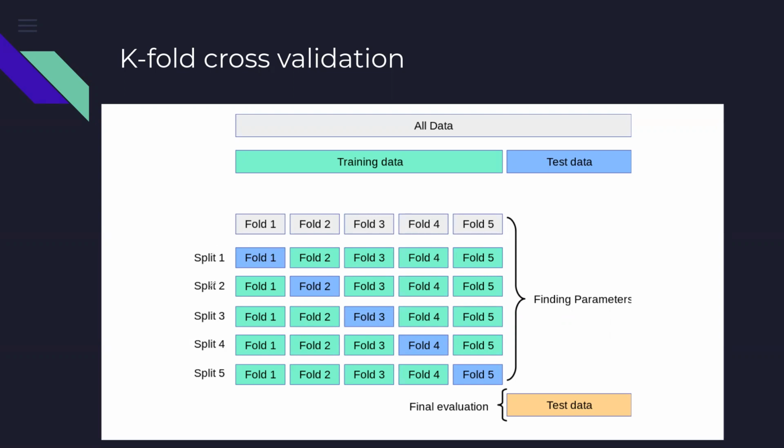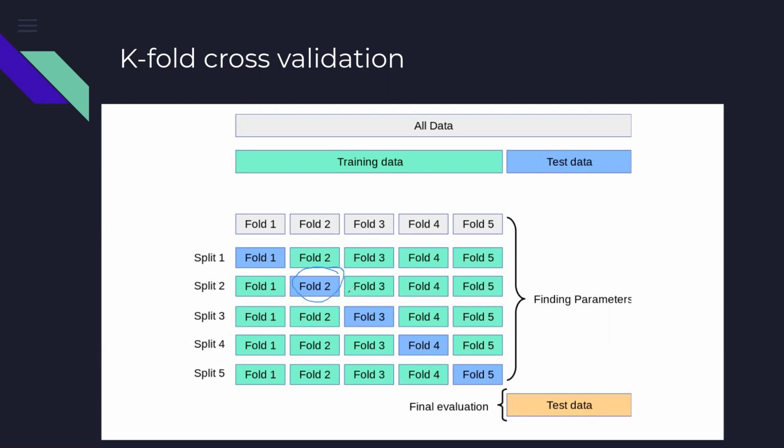When it comes to the second iteration, it will keep the fold 2 aside, and the system would be trained on fold 1, fold 3, fold 4, and fold 5. And then after we have trained it on these 4 folds, I will test it or validate the results on fold 2.